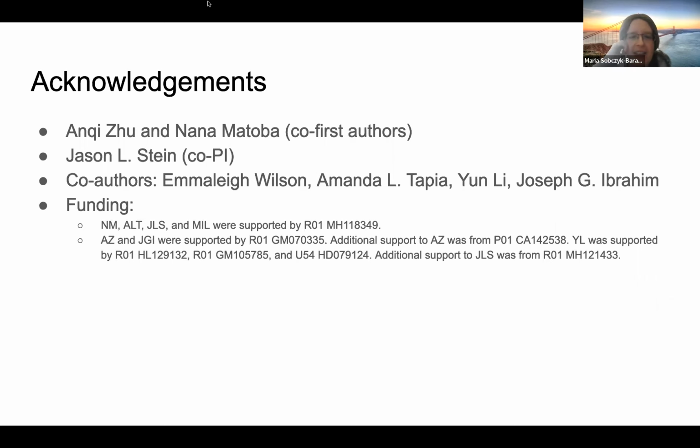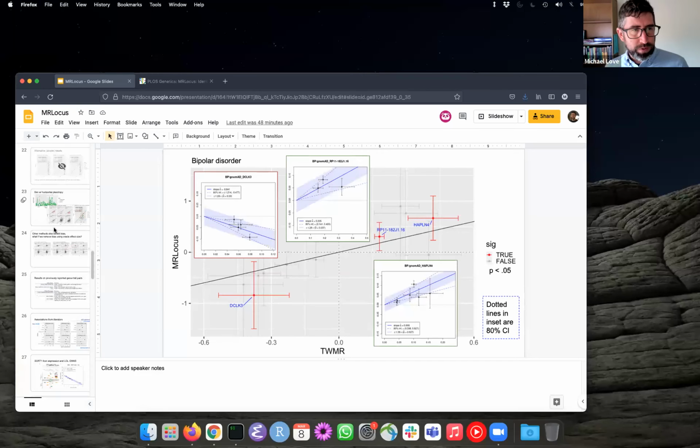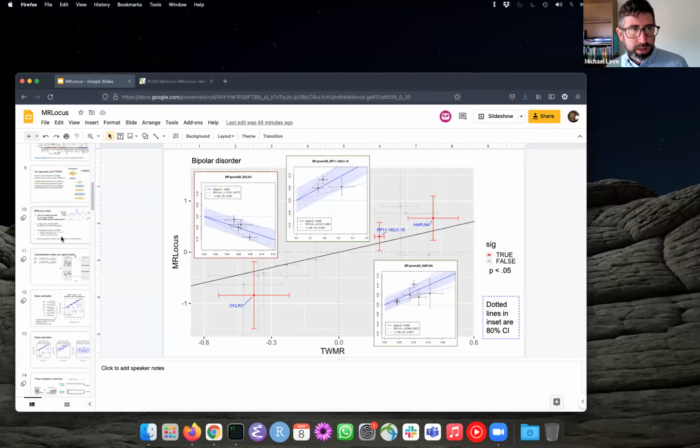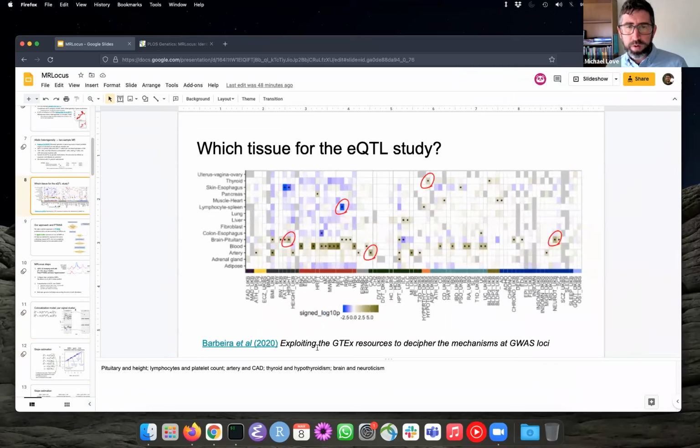So maybe I'll start. It's quite a naive question, but from your experience, how do you pick the best tissue for a given trait or a gene? What's the best heuristic? We've used this paper previously, a paper from the GTEx Consortium where they ran, I'm forgetting if this was straight TWAS or PTWAS, across many UK Biobank traits and GWAS and the GTEx tissue clusters.